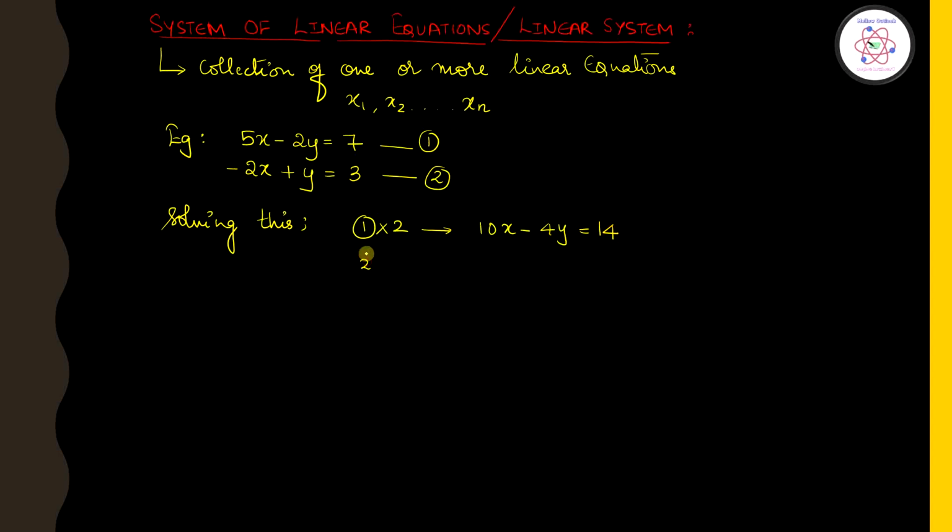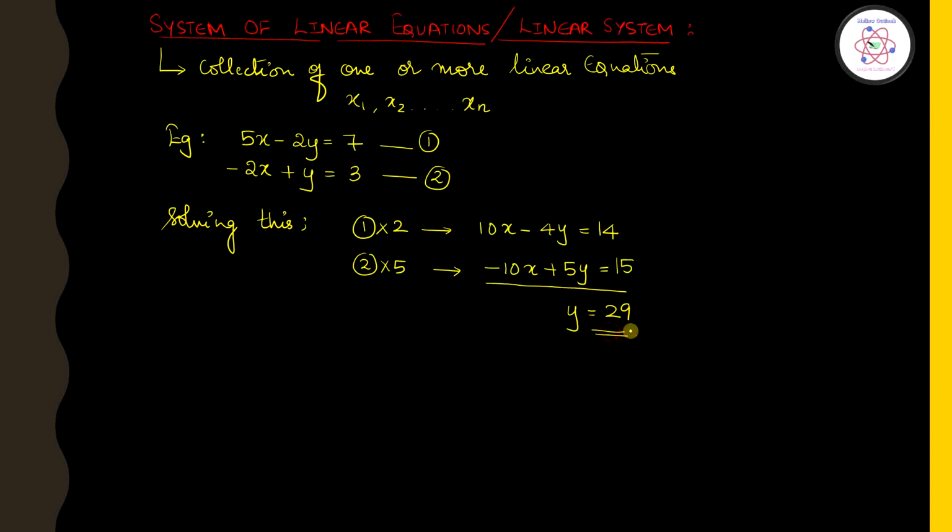Equation 2 can be multiplied by 5, and this becomes minus 10x plus 5y equals 15. Let us add these, and you can observe that the x terms cancel, and I have y equals 29.